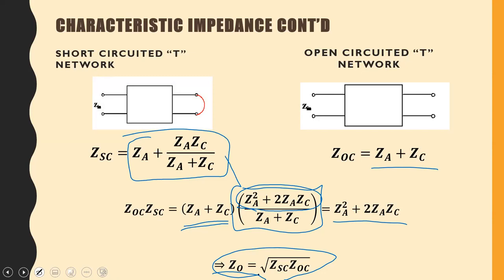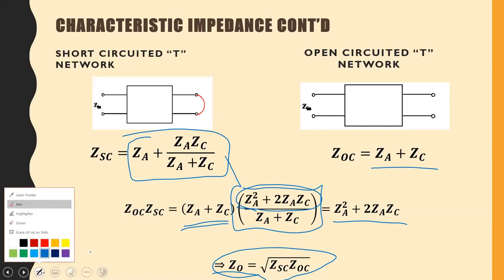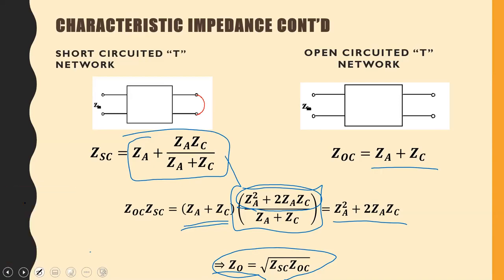Sir, the output impedance that you did before, that's only if a load resistor is attached across the output terminals, while this one is if you're not giving any. No. What we are finding is the characteristic impedance.